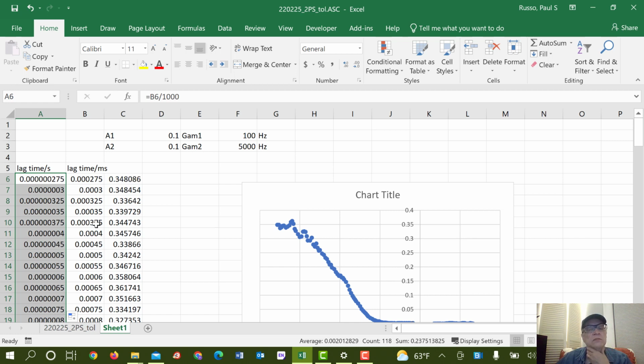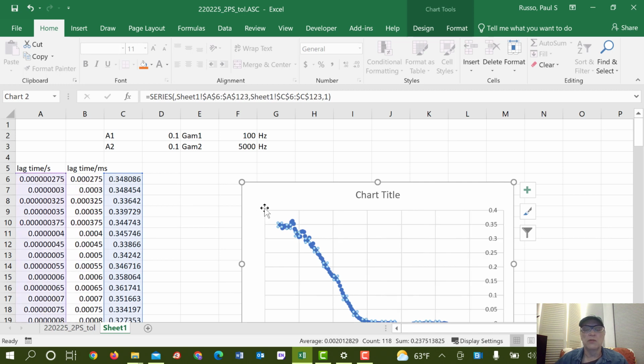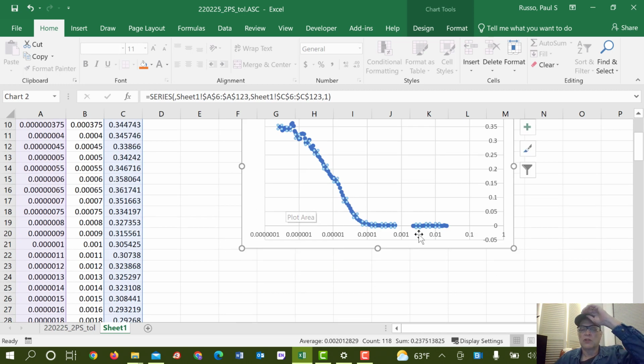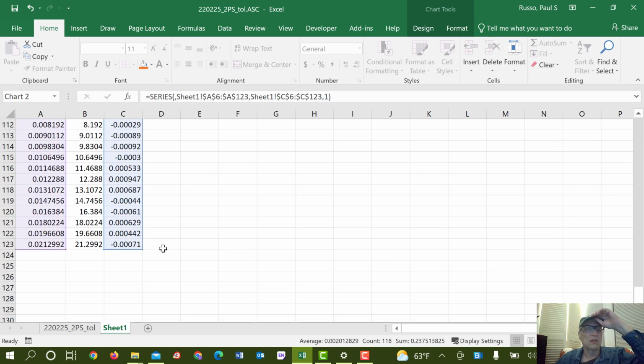Okay. And then let's make this plot that version of time rather than the one I have. There we go. Should be the same, essentially. This is left over from something I did earlier, I guess. Doesn't matter.